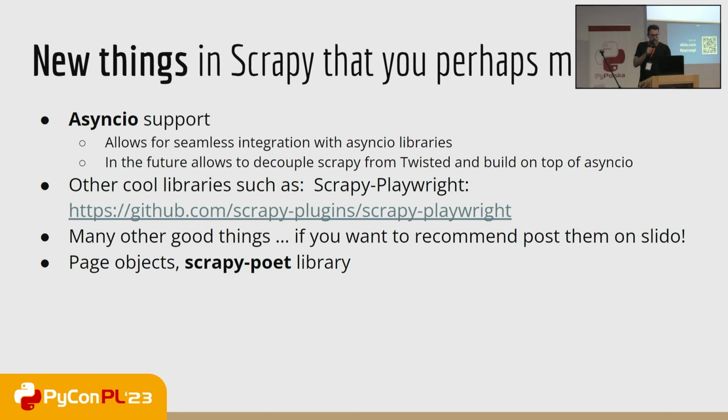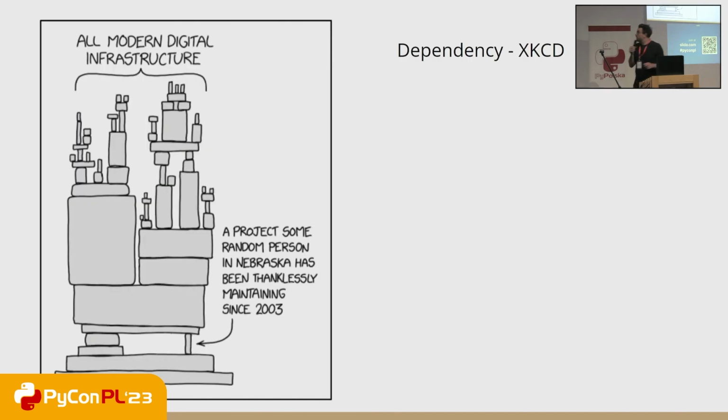So first thing is about the Async IO, and I stole this from Czech and her talk about polars. That's the state of quite a lot of open source projects at the moment. You have really complex modern digital infrastructure, and it's supported by some random guy who's working on it in his free time.